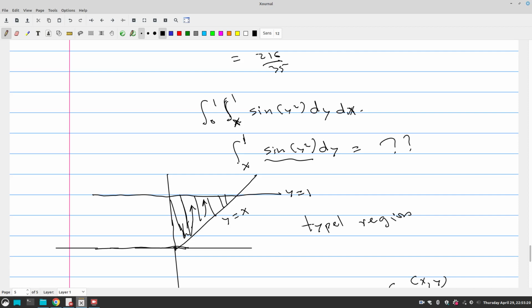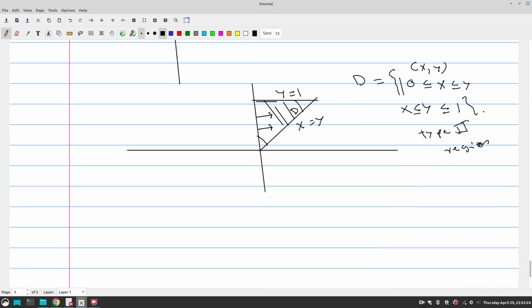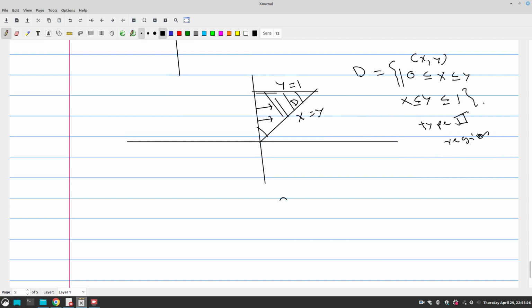So when we're switching from a type 1 to a type 2 region, I can write the dx first, and then the dy. So the dx of course from y to 1, and dy 0 to 1.